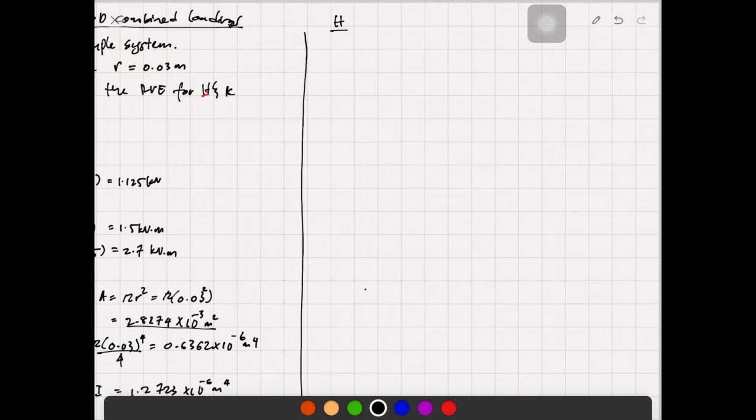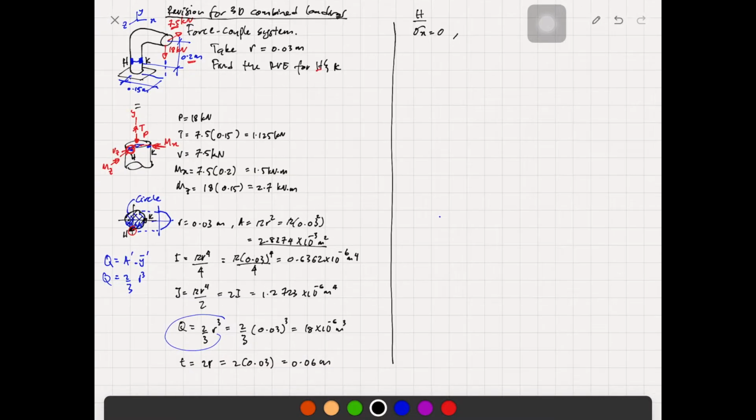For point H, we don't have a sigma x whatsoever, because looking at the system again, there is no point load acting in the x direction. There are only two point loads: 7.5 kilonewton directed along the z axis, and another one of 18 kilonewton. Simply said, there is no element that creates normal stress on the x axis.